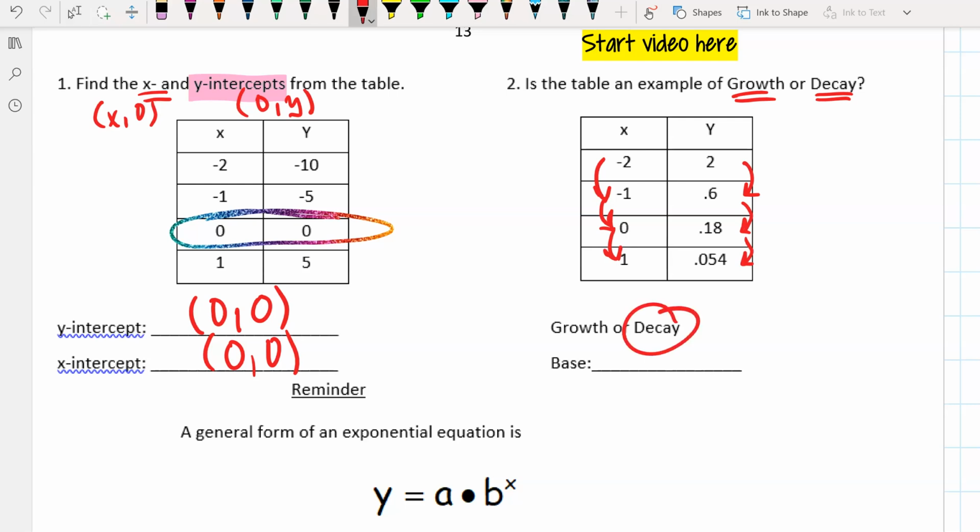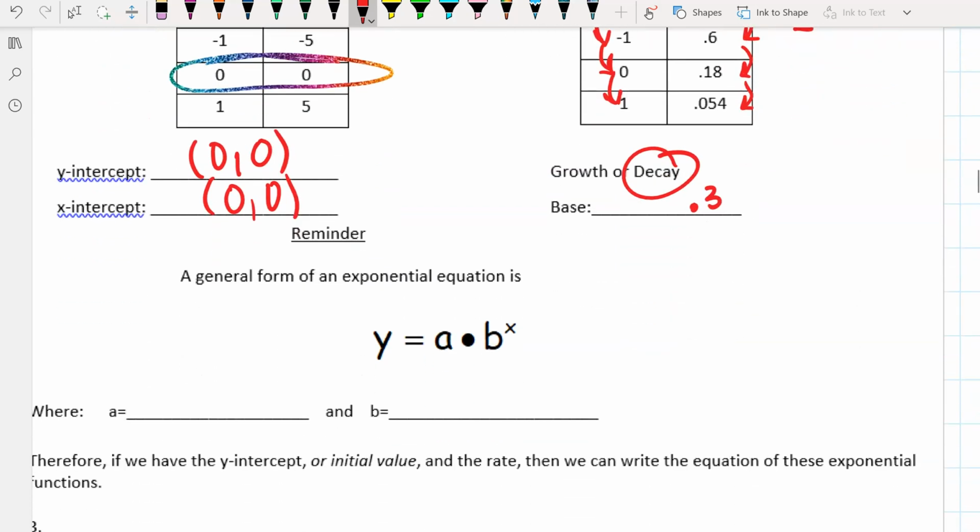So you can say that it's decay. Remember, to find the base you take your y value divided by the previous and get a number. So here we are multiplying 2, 0.6, 0.18, 0.054 by 0.3. So our base here would be 0.3, or 3/10.